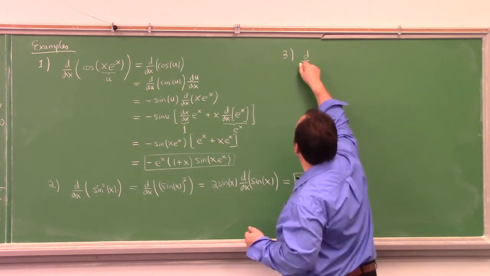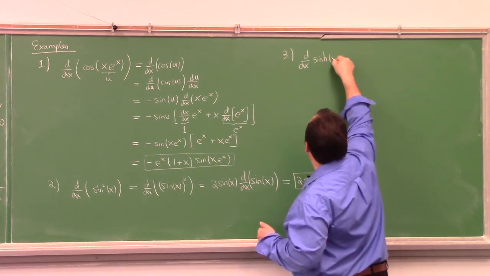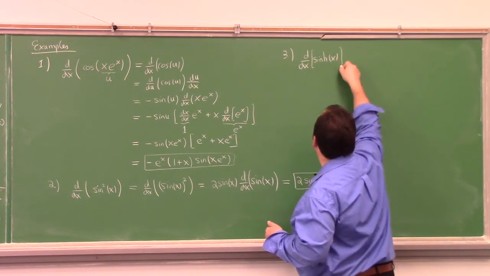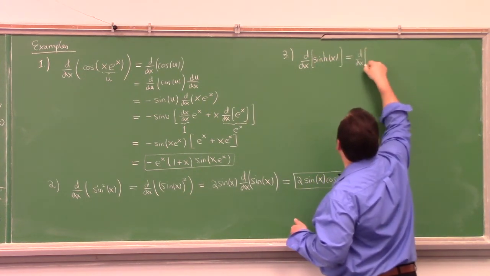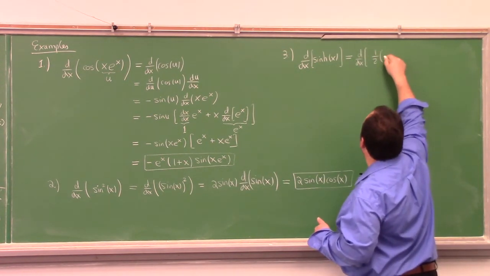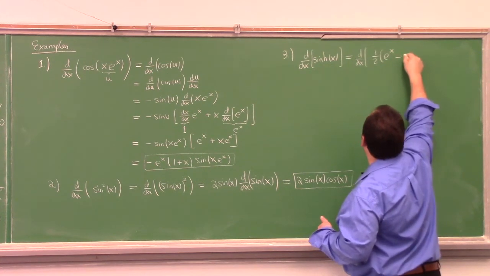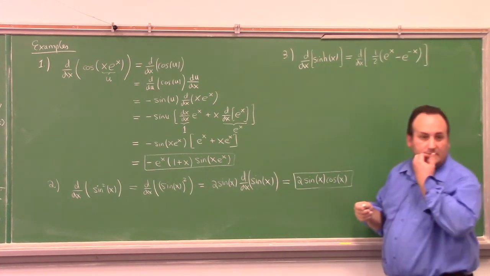The derivative with respect to x of, how about hyperbolic sine? So first of all, what is hyperbolic sine? Hyperbolic sine is 1/2 (e to the x minus e to the minus x), that was the definition of hyperbolic sine.